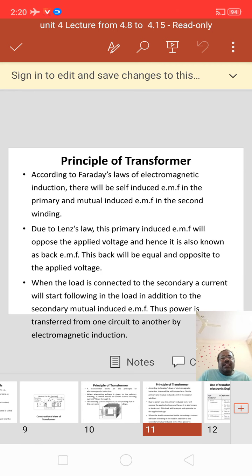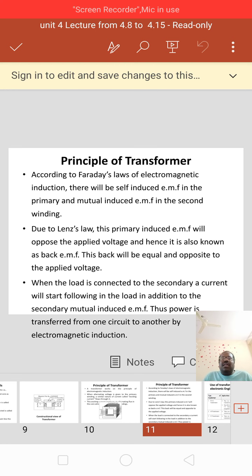Next, primary of the transformer. According to Faraday's laws of electromagnetic induction, there will be self-induced EMF in the primary and mutually induced EMF in the secondary winding.